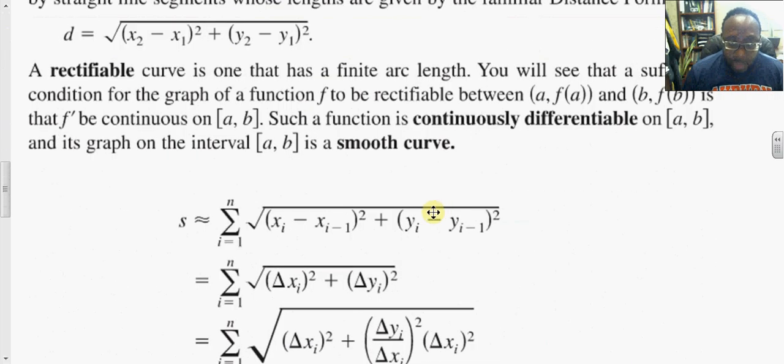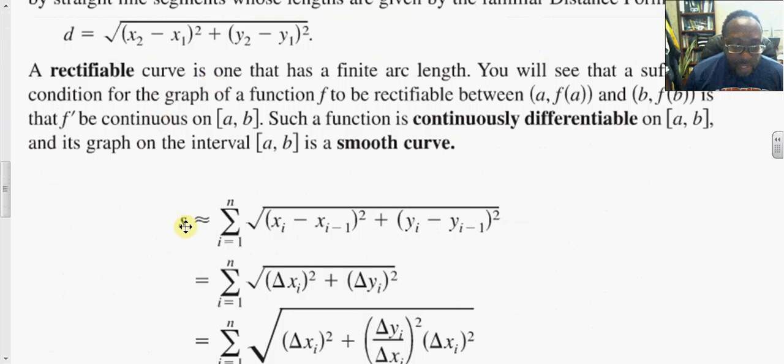So we use the distance formula, and if I had time, I would go through this with you, but I just left it with the author and his explanation. I do have an explanation for it where I try to simplify all of that, but I will spend more of my time working some problems in this section.